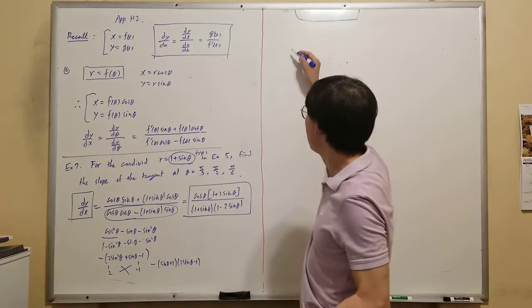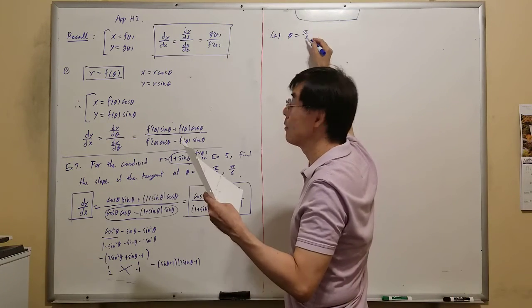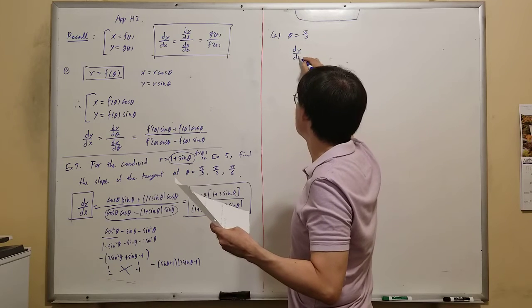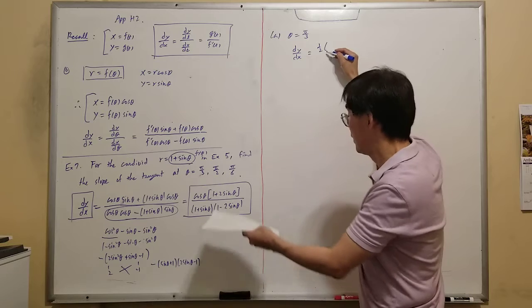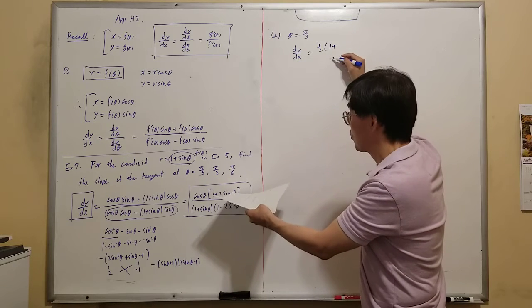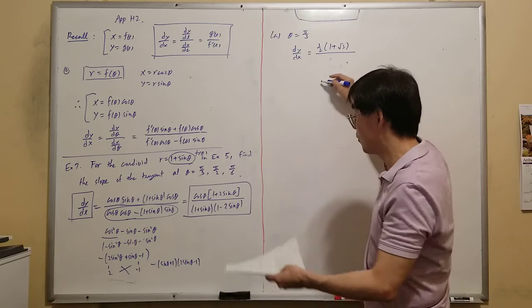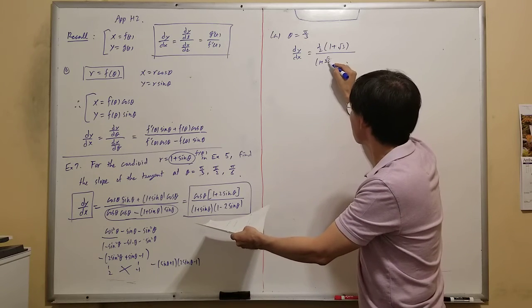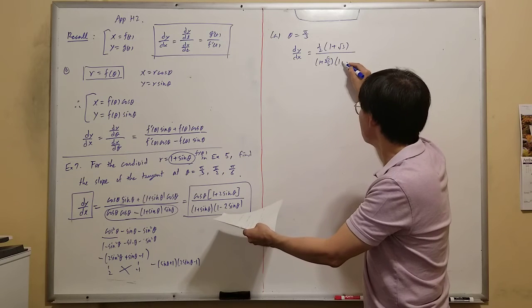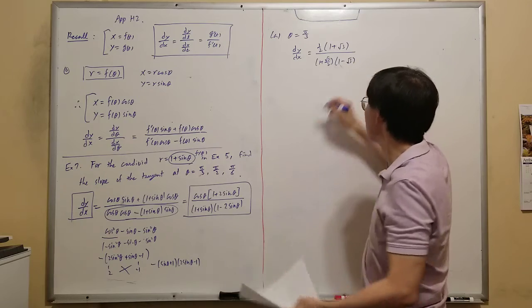So, when theta equals pi over 3, dy over dx, plugging in pi over 3: 1/2, 1 plus square root of 3 over 2 times 2, so square root of 3, over 1 plus square root of 3 over 2, 1 minus 2 times the square root of 3 over 2.